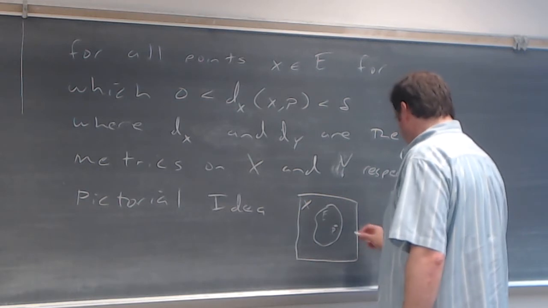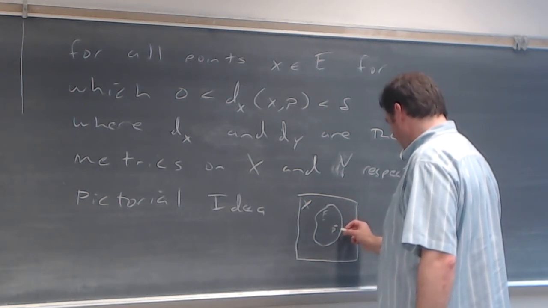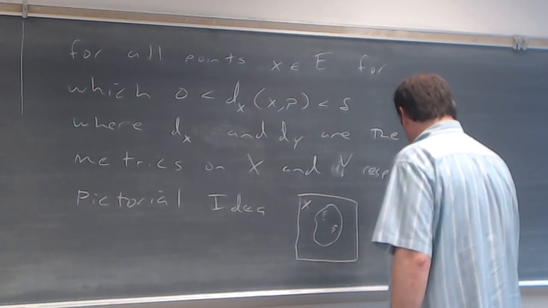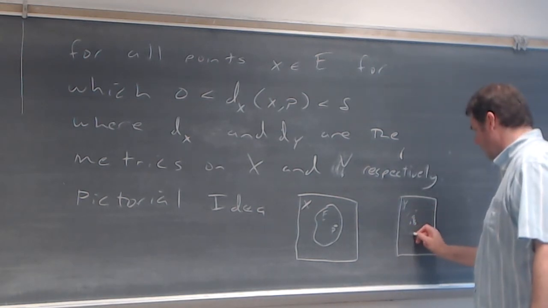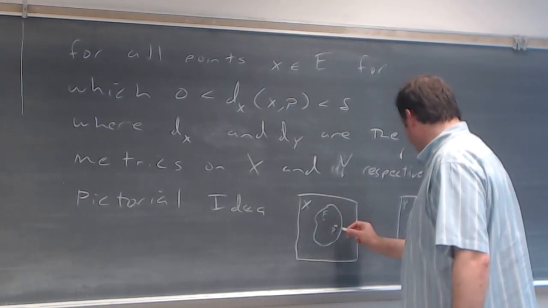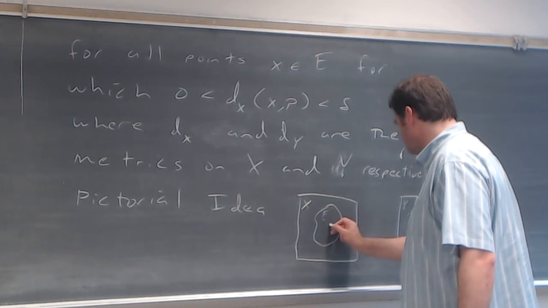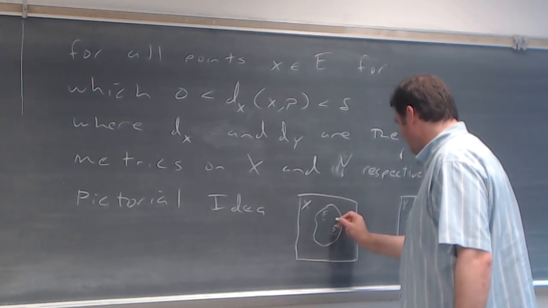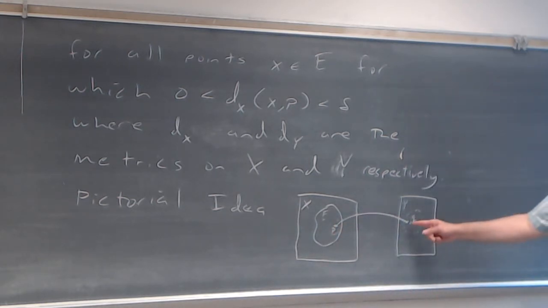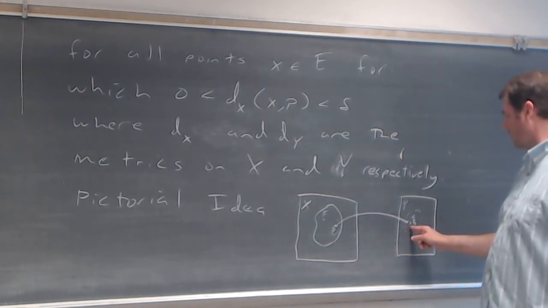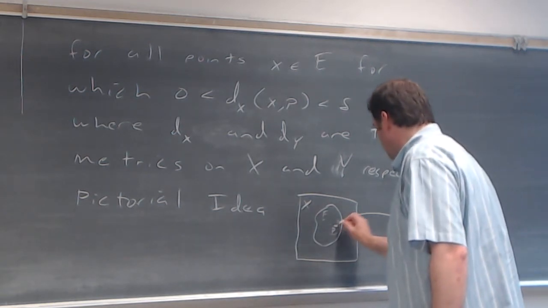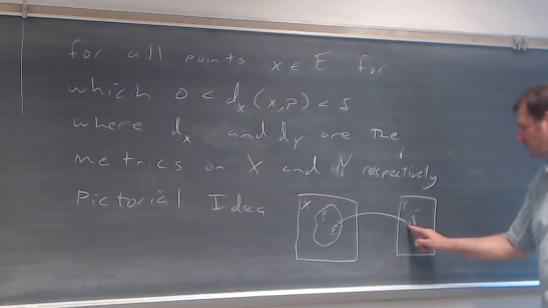What we're saying is, if you look at Q over here, and you put some ball by it, epsilon, the epsilon neighborhood, then there is some delta neighborhood of P such that all the points within that delta neighborhood of P are sent to points within this epsilon neighborhood of Q. So maybe it gets sent here.